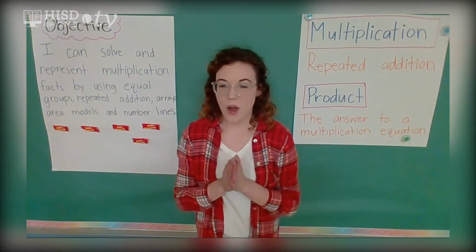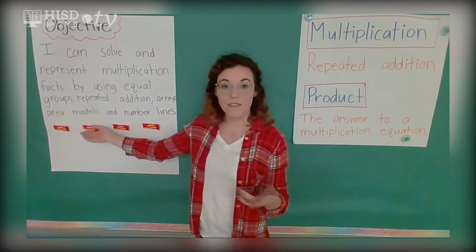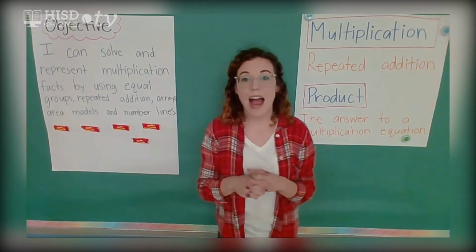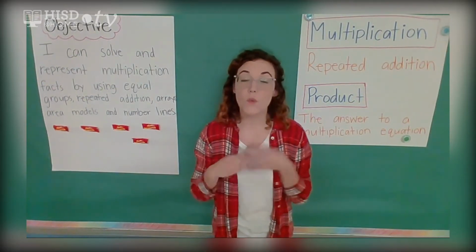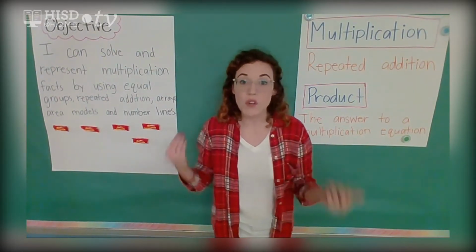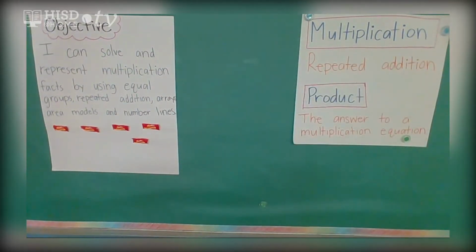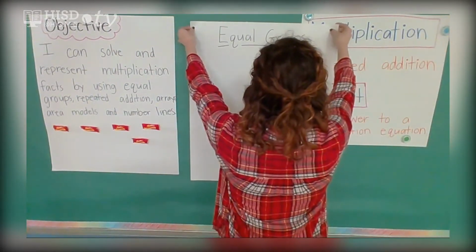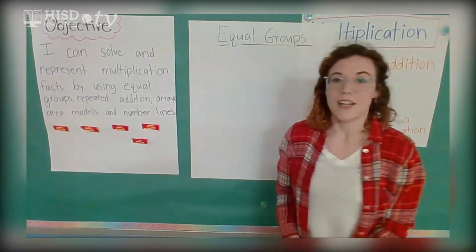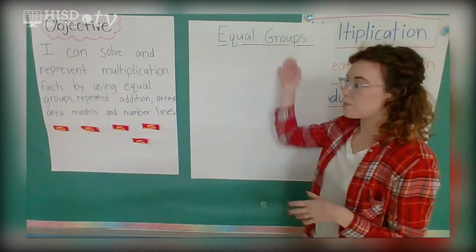All right, so our first strategy we're going to do today is we're going to use what we have in front of us, right? We have our Starbursts already grouped together in 2s. So we're going to use our equal group strategy. We have equal groups.